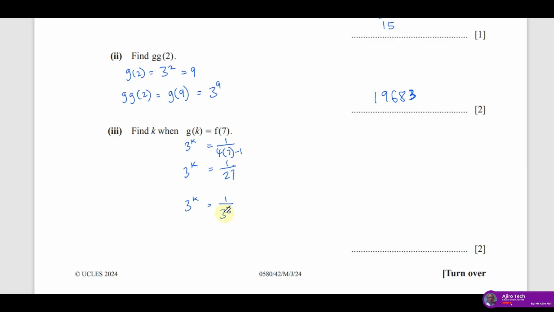I can take this 3 to the numerator, which will make the index of the exponent change sign. 3 to the power k becomes 3 to the negative 3. So these two are the same, the exponents should be the same. So k should be negative 3.